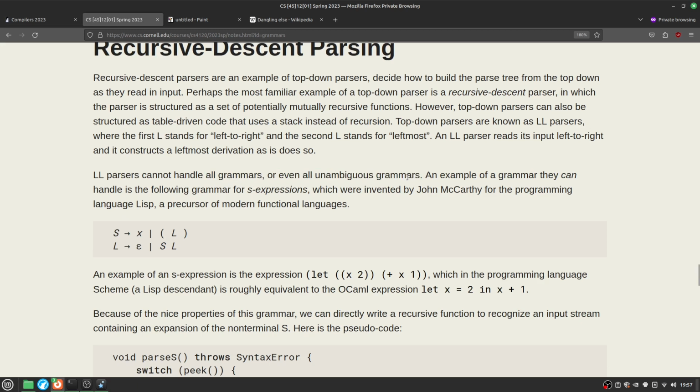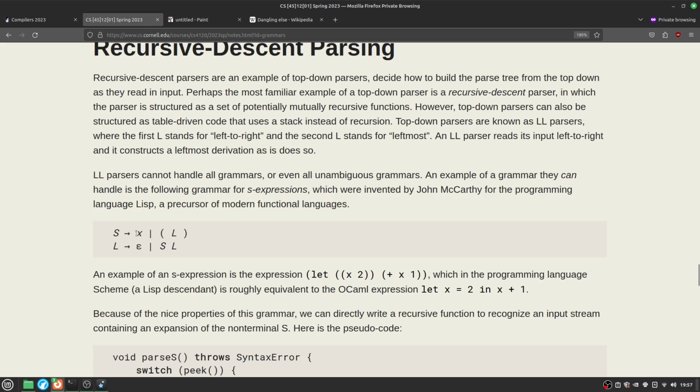An example of a grammar they can handle is the following grammar for S expressions, which were invented by John McCarthy for the programming language Lisp, a precursor of modern functional languages.